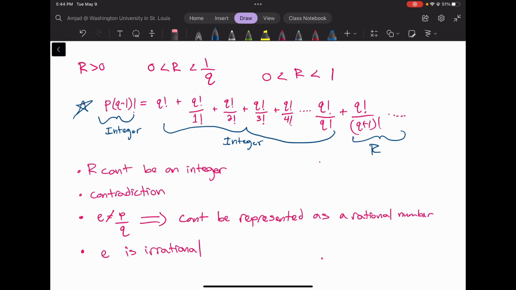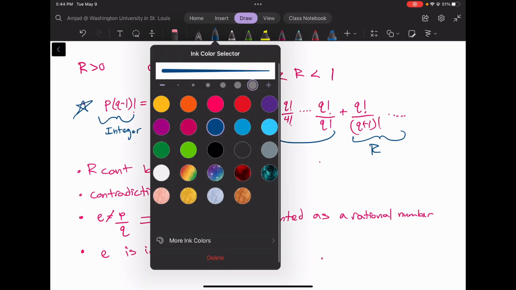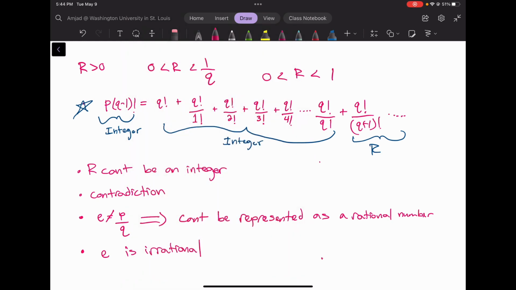And now we've shown that r can't be an integer, because r would have to be an integer that is greater than 0 and less than 1, and there's no integer that is greater than 0 and less than 1. Therefore, we have a contradiction. And since we have a contradiction, that means that E cannot be represented as a rational number, and that means that E is irrational. Thank you.